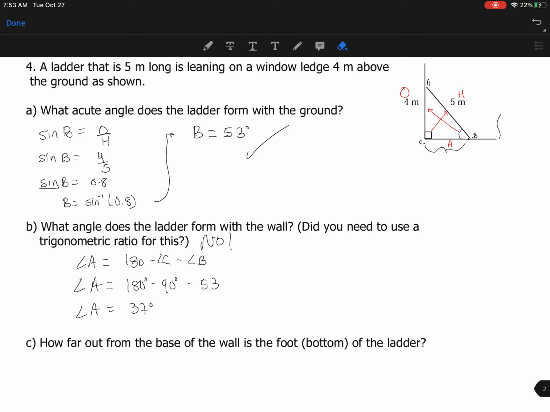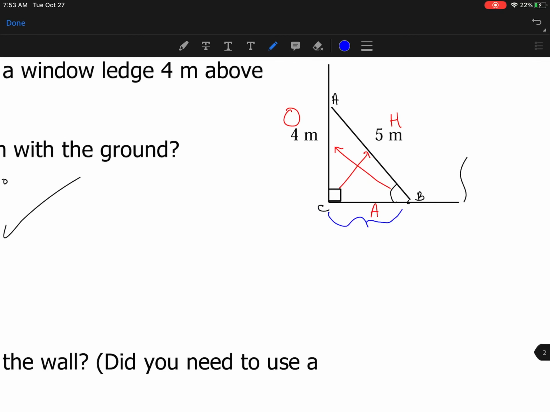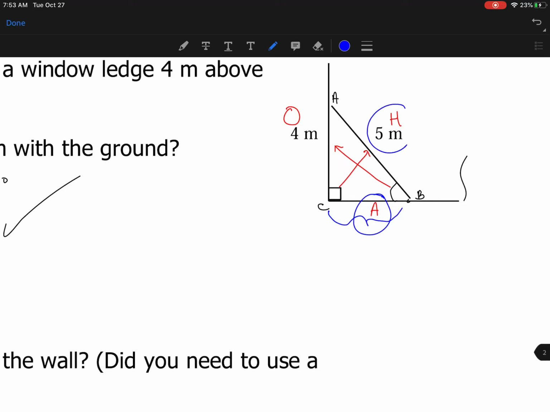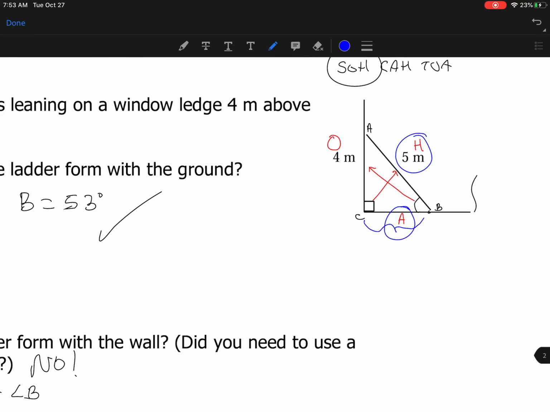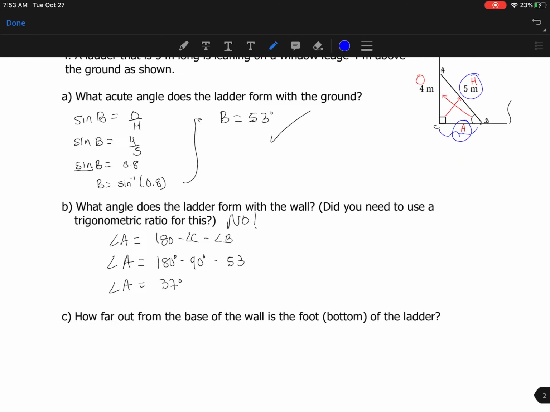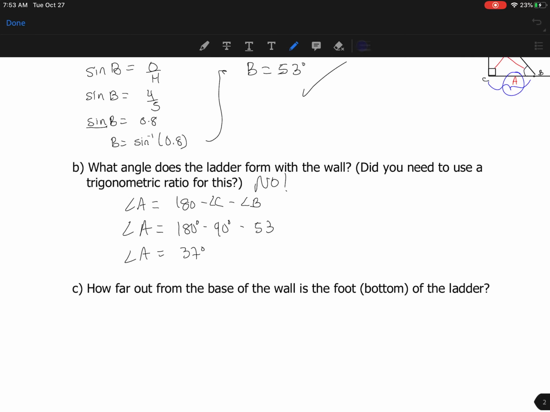We need to solve for our adjacent side, and we can use our angle B again. We're using angle B, which means I have to pick one other length, and it doesn't matter which one I pick. I'm going to pick the bigger number just because. So I'm going to pick the hypotenuse, which means I have an A and an H, which means we are going to use cos to find that length.